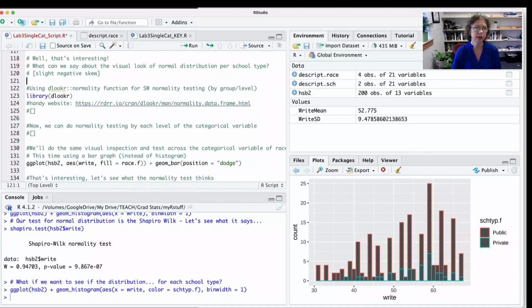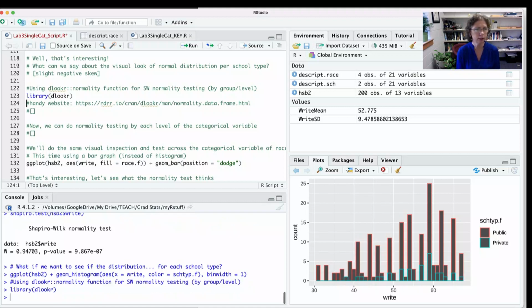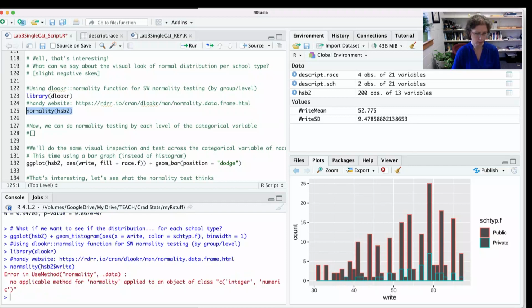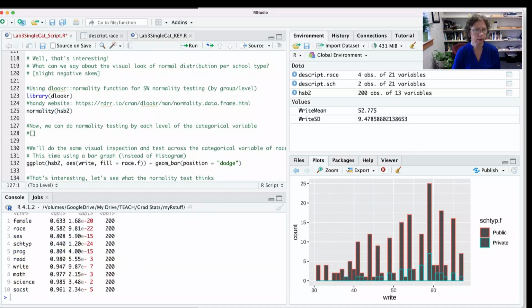And then we want to check out the Shapiro-Wilk normality testing for each of these levels, for public and private. And I think I'm still having issues with dlookr. We'll see. First, we'll just check out the normality of HSB2 write.